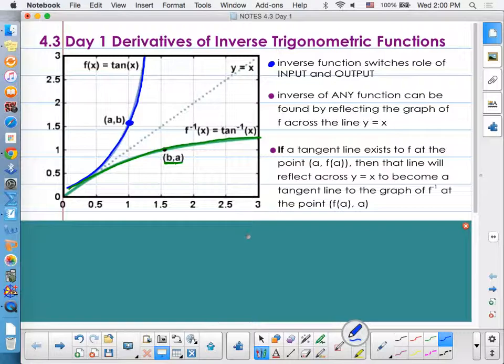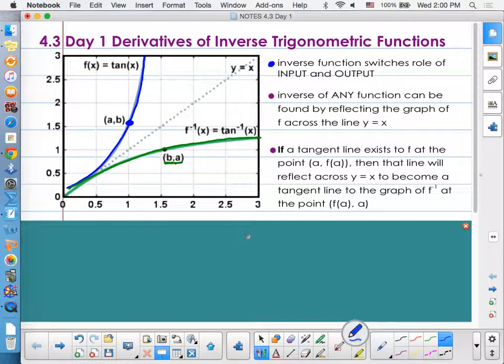For instance, on tangent, the normal input, the x value, is typically an angle measure, and the output from tangent is a ratio, a tangent ratio at that particular location. So the inverse tangent inputs the ratio and outputs the angle measure.